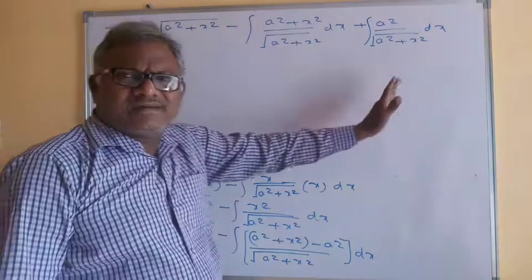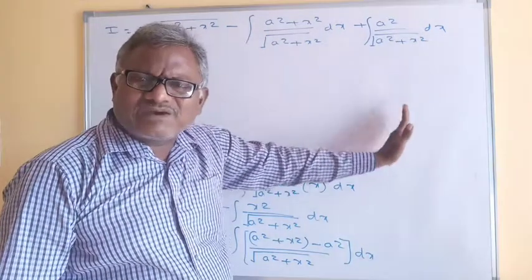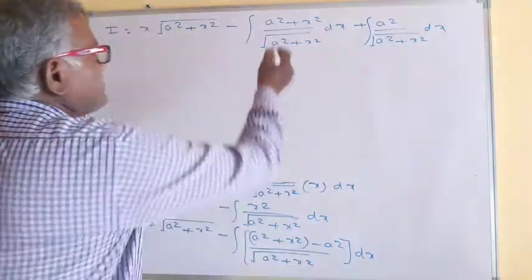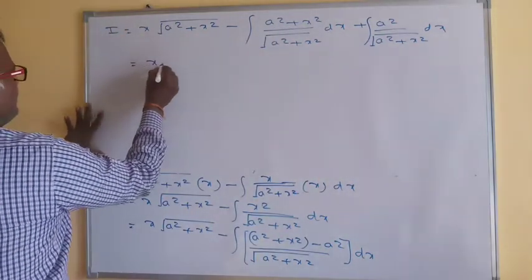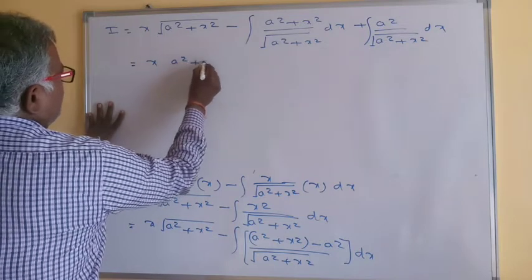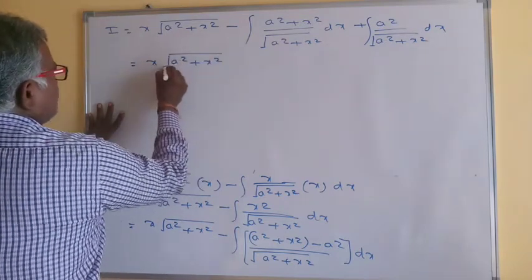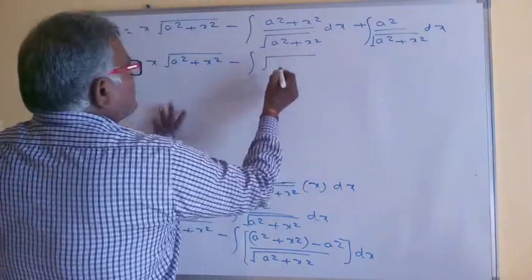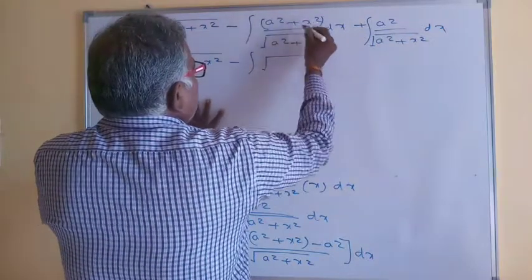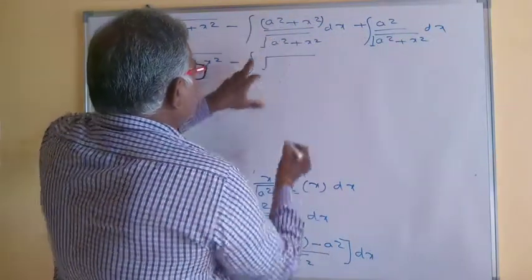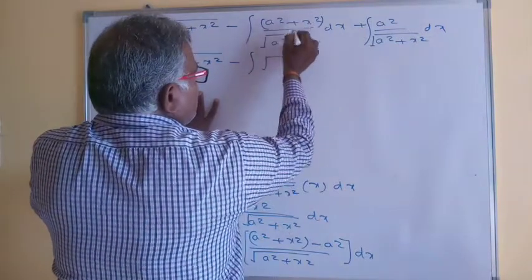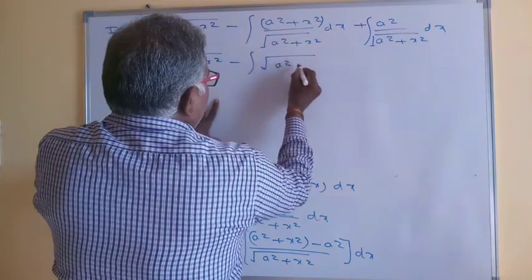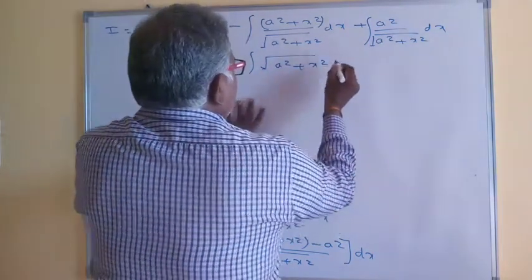So p by root p means root p, x by root x means root x, y by root y means root y. In the same way here you obtain x into root of a square plus x square minus integral, and this becomes simply root of a square plus x square dx.